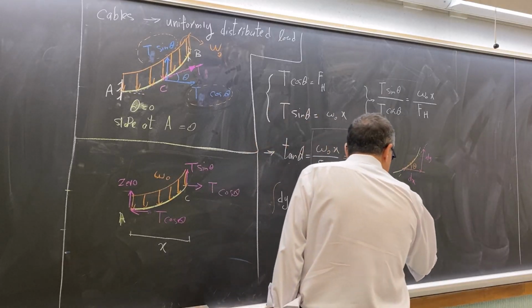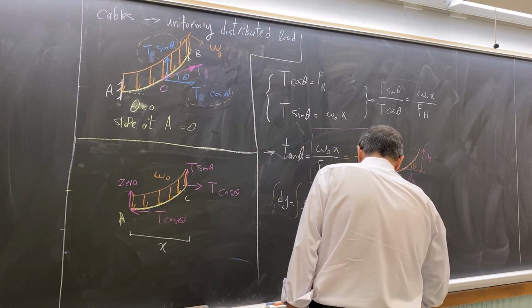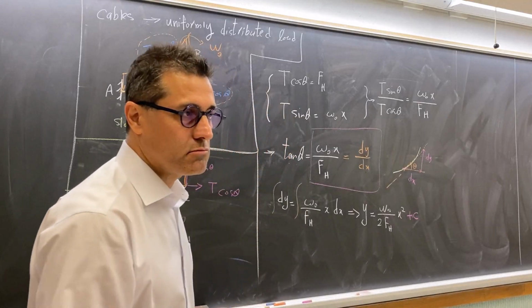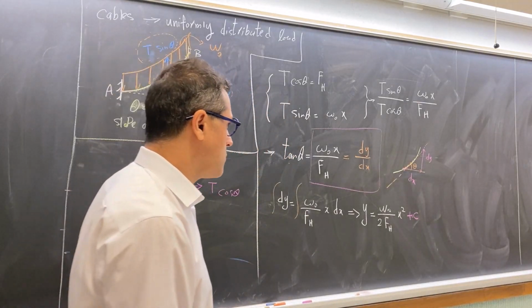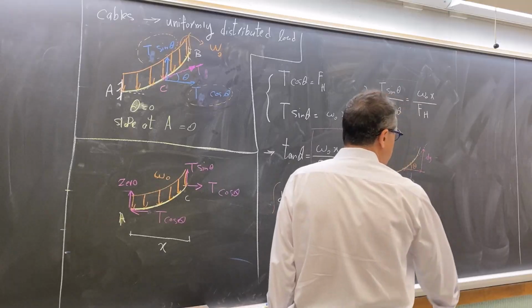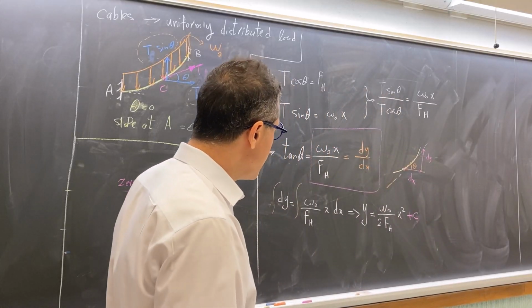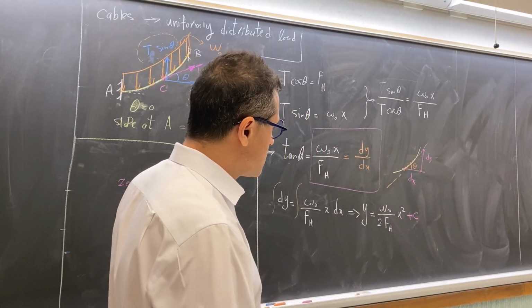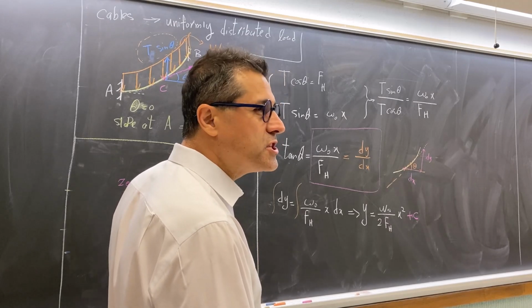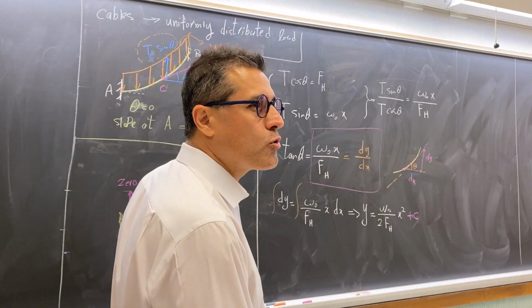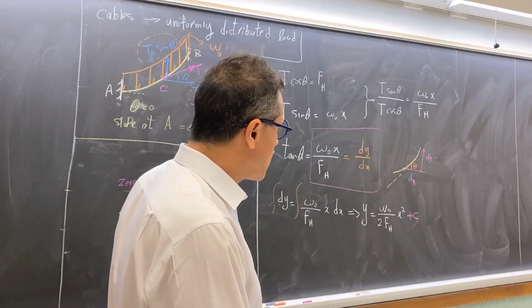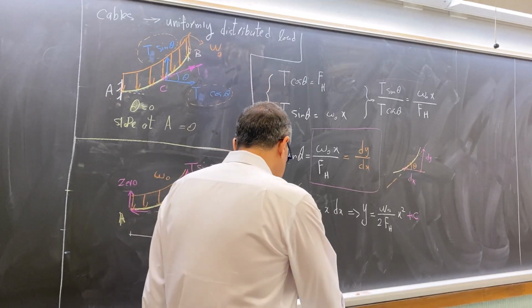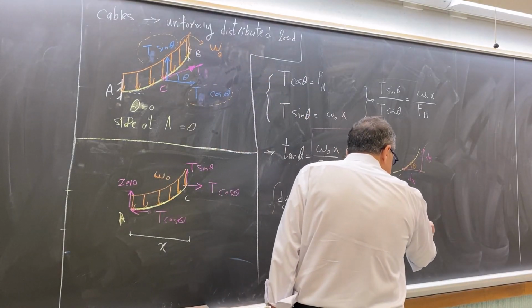You always have a constant value after integrating, so I put C here. C is a constant value. We are just generating the equation for the shape or for the arc of the cable. So now the problem is C.